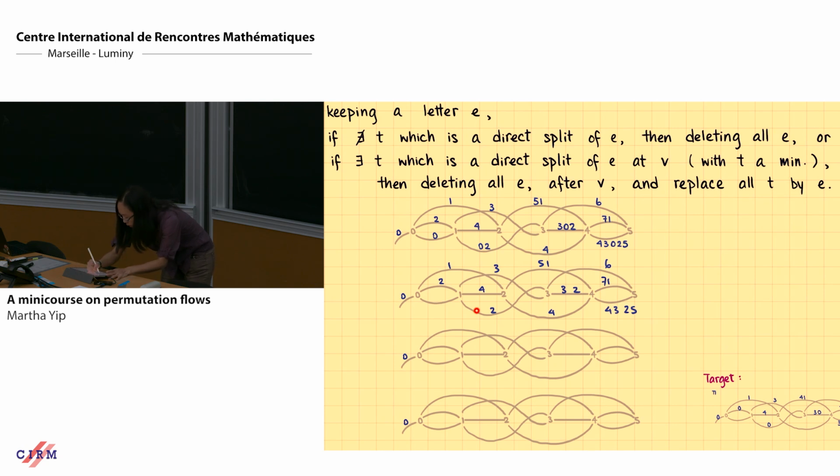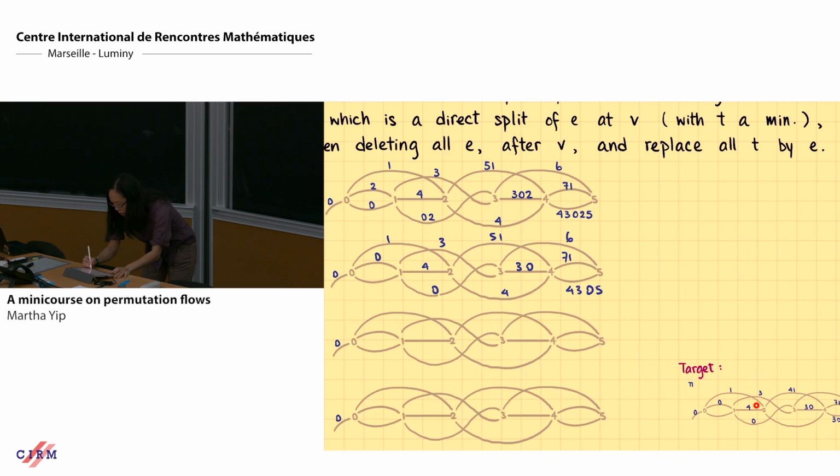So wherever I see a 2, I will go ahead and replace it with a 0. Okay, I keep going. Again, this is my target. This looks good so far.